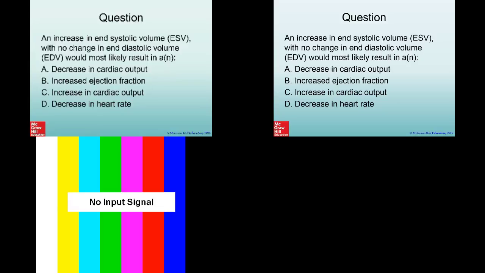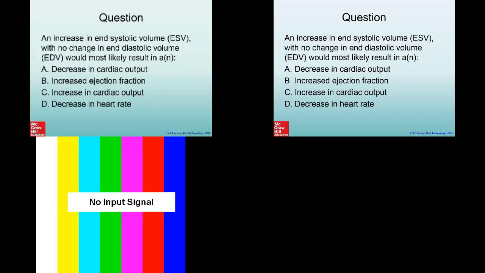Hold them up. Yeah. Decrease in cardiac output.